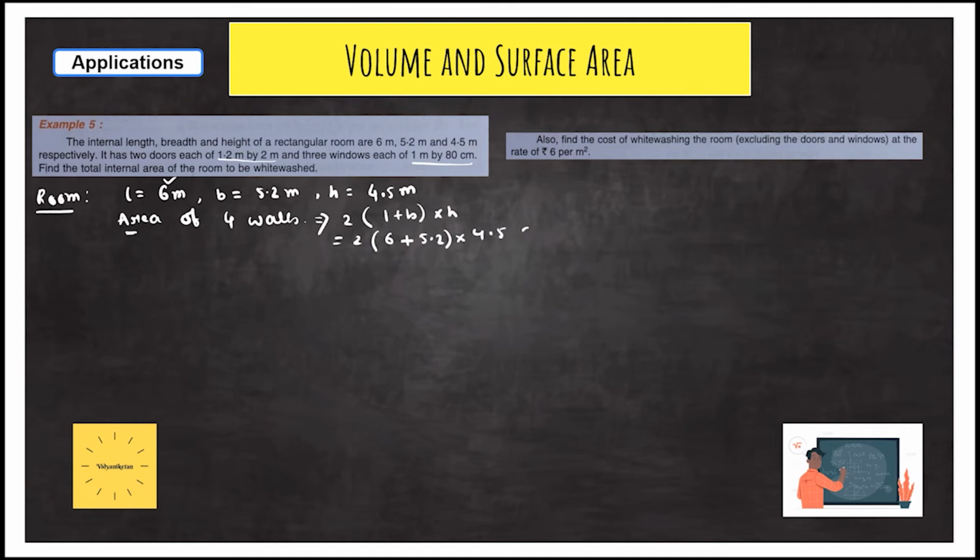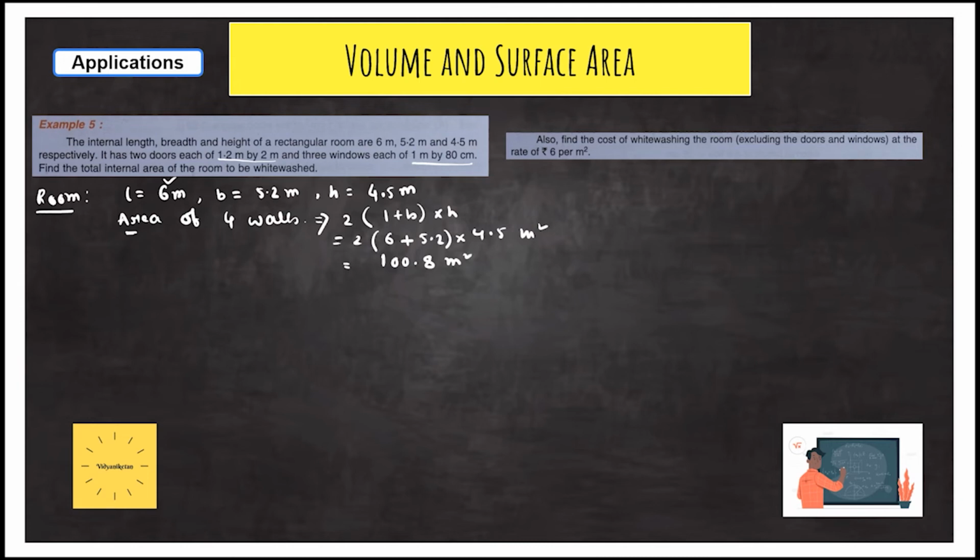Because this is area, the unit will be in meter square, because the units are in meter. So this is becoming 100.8 meter square. So this is the area of 4 walls.